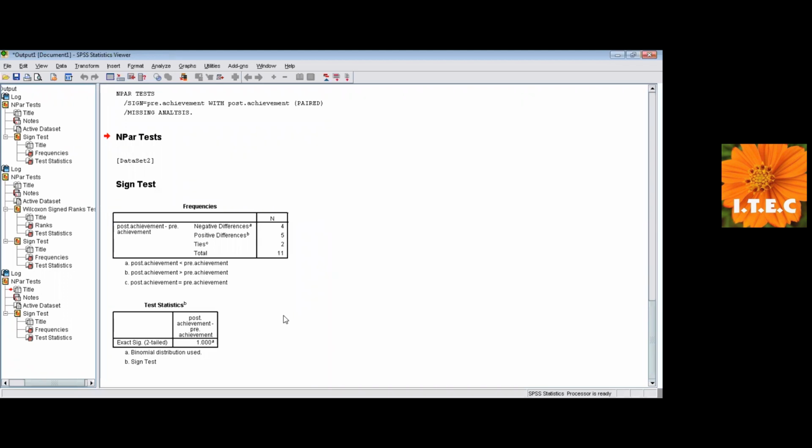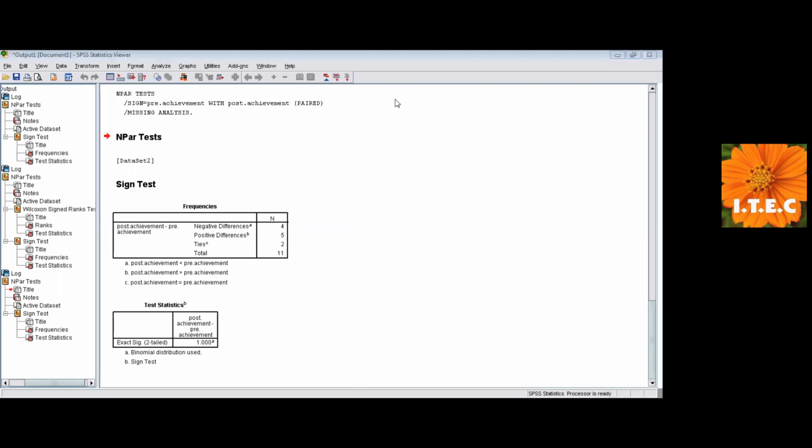So here you will say that your null hypothesis is rejected or not rejected. What will you say? Here the null hypothesis is not rejected.